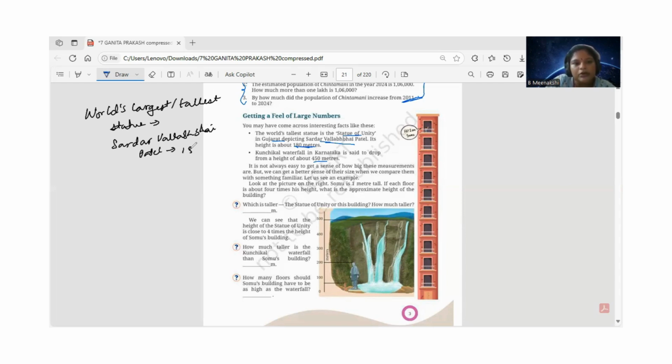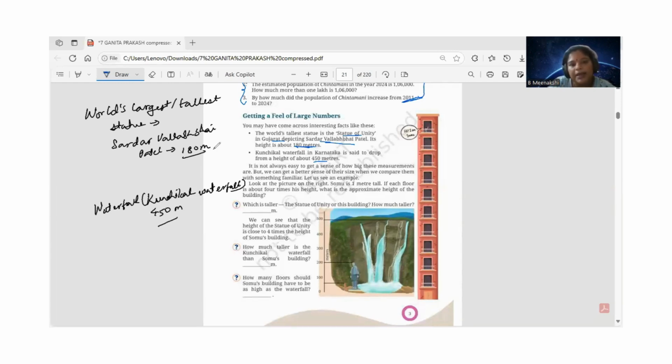The height is around 180 meters. And another one is a waterfall, the Kunchikal waterfall. This is around 450 meters.